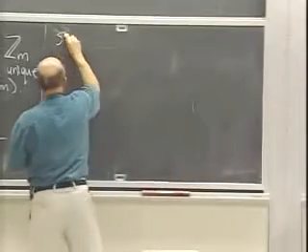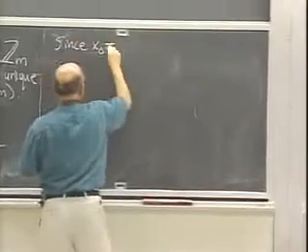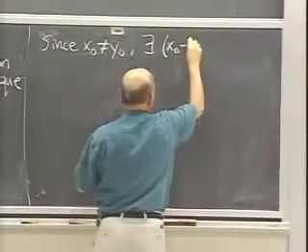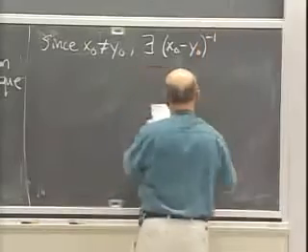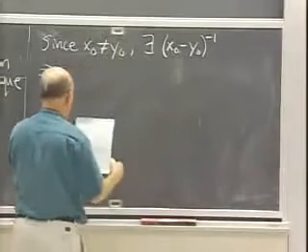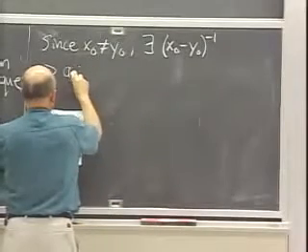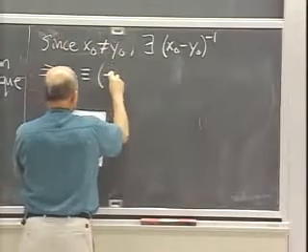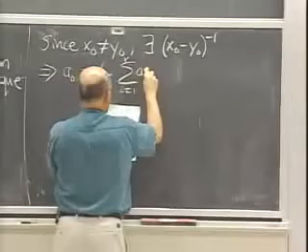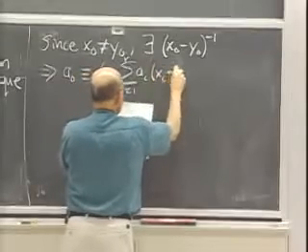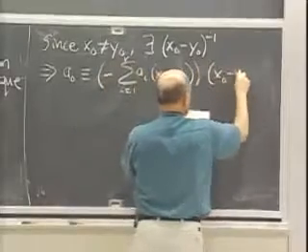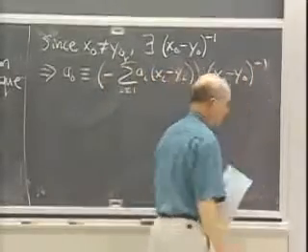Since x0 is not equal to y0, there exists an inverse for x0 minus y0. Okay? And that implies, just continue on from over there, that a0 is congruent, therefore, to minus the sum of i equals 1 to r of ai times xi minus yi times x0 minus y0 inverse.